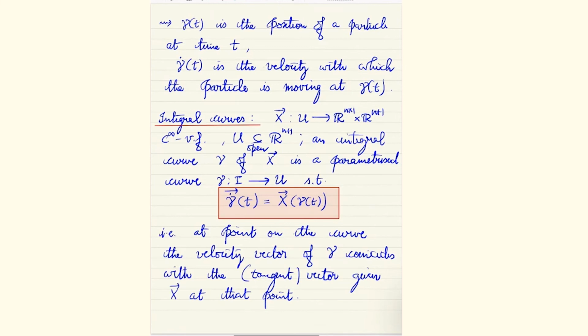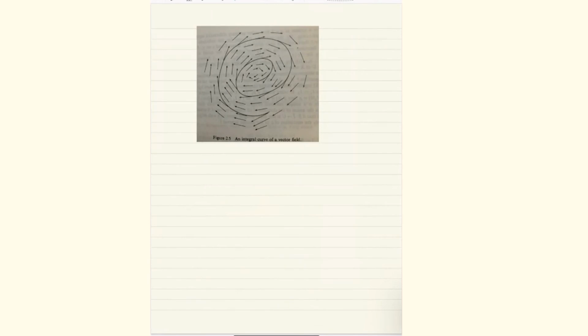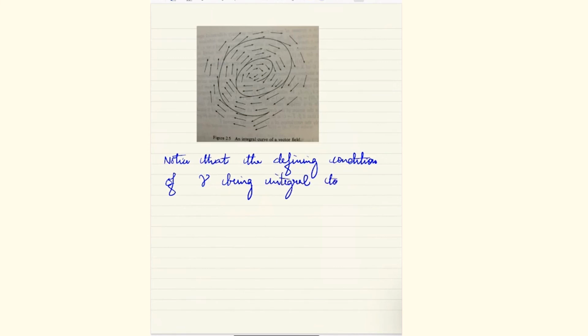If you write it out in components, notice that the defining condition of gamma being integral to a vector field X gives rise to a system of ODEs.